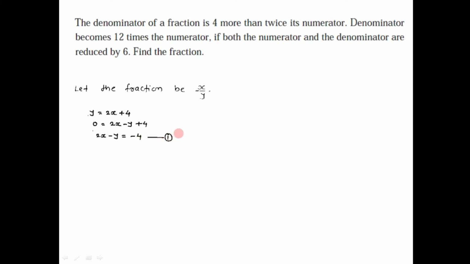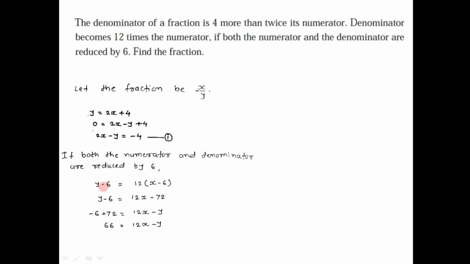In the same way, we can make the second equation from the second condition we are given. Denominator becomes 12 times the numerator if both numerator and denominator are reduced by 6. So we have to reduce both numerator and denominator by 6.